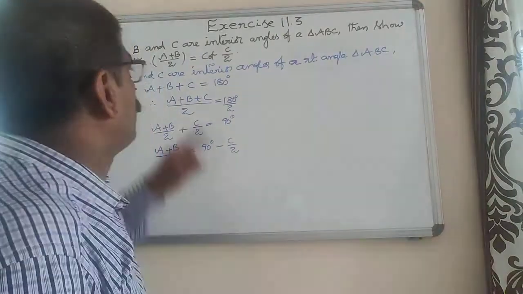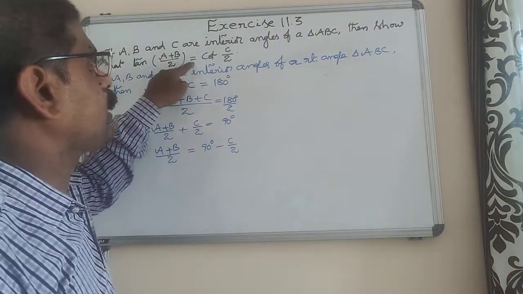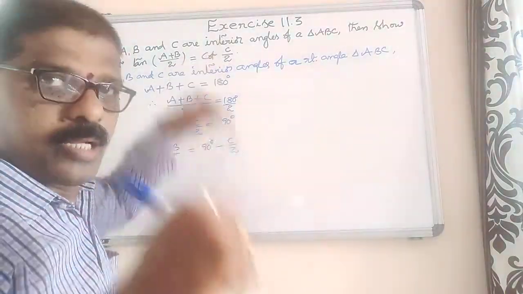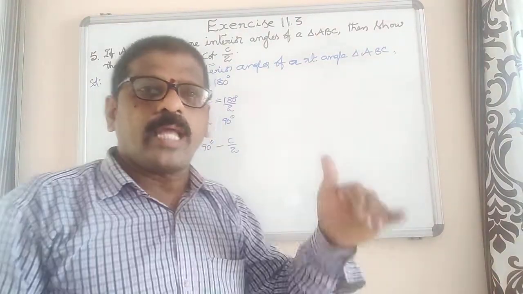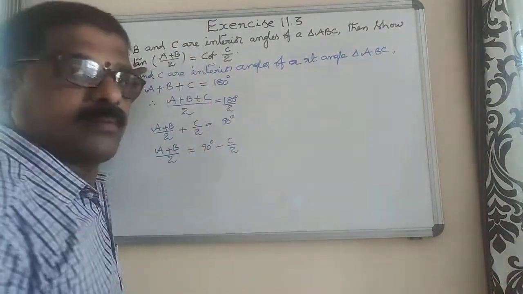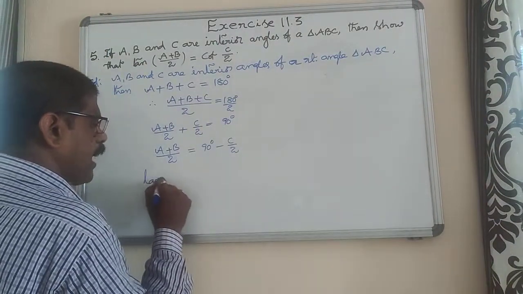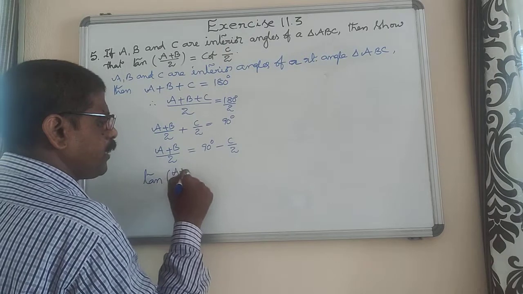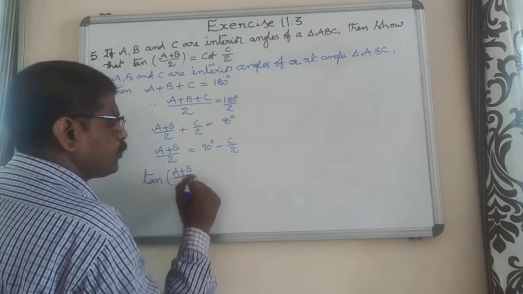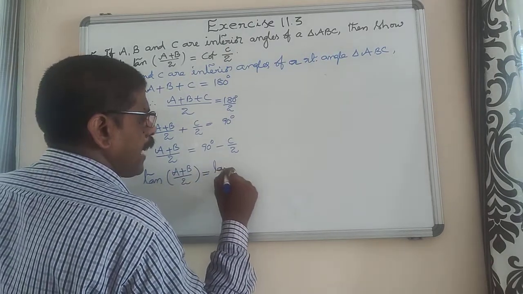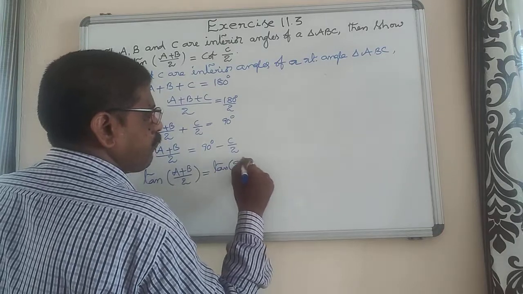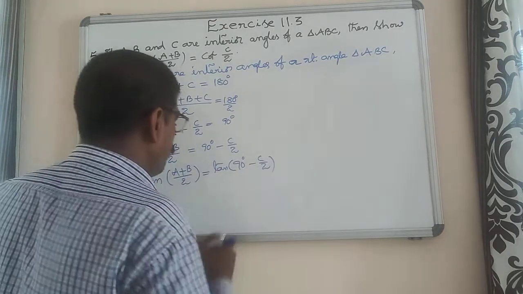So what is to be proved? Tan (A plus B) whole by 2 equals cot C by 2. Now we take tan on either side. Clear? So now these terms can be written as tan (A plus B) whole by 2 equals tan (90 degrees minus C by 2).